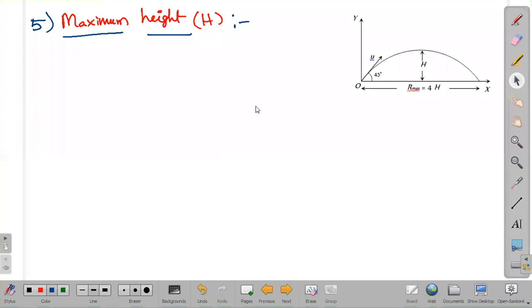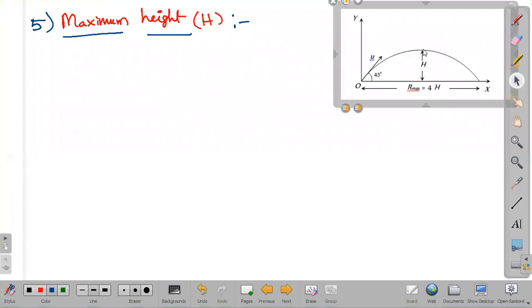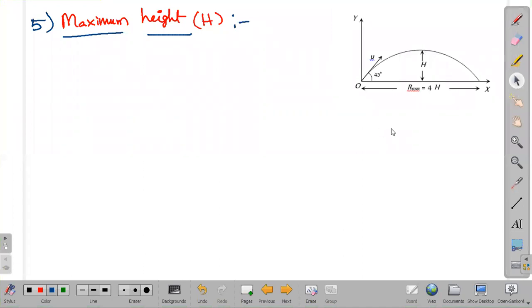For maximum height, from the starting point in the complete motion, whenever it reaches the highest point, from the ground to this highest point, whatever distance is there, we are considering it as the maximum height.